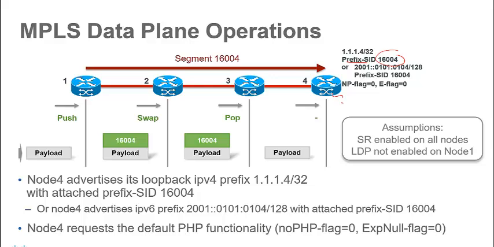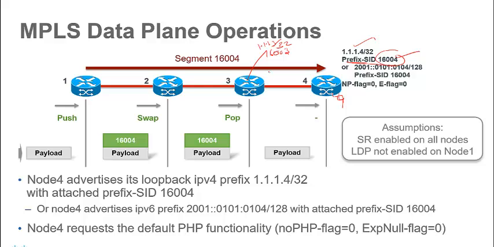Because for this router, the index value is given as 4. And this is the prefix, and the prefix SID is this. What will be the prefix SID of this one? Let's say the loopback address is 1.1.1.3 here. If the index value is 3, then it will be 16,003.